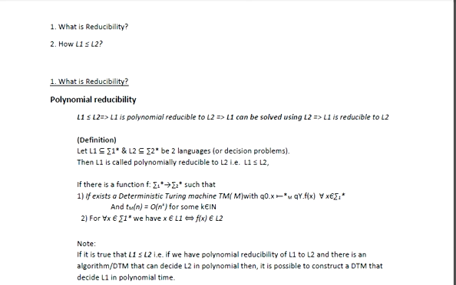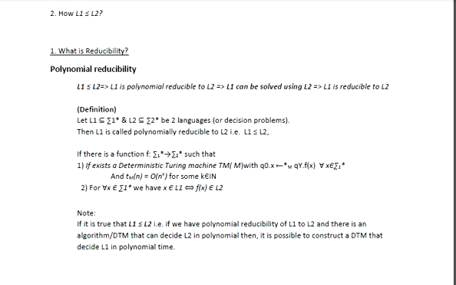The second condition is for all x in sigma 1 star, we have x in L1 if and only if f of x is in L2.